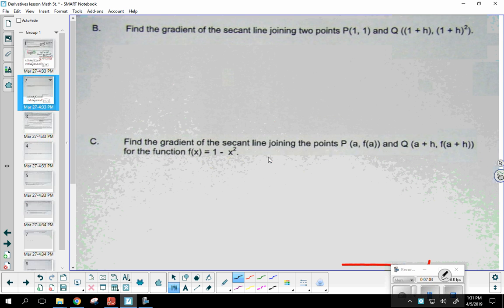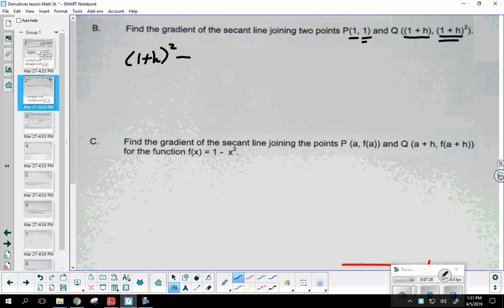Then B, it says find the gradient, the slope of the secant line joining these 2 points. Now, it doesn't give me a function, but I have to go straight from these points. Now, remember, the difference quotient is based on slope. So I'm going to go ahead and take the difference of the y's and then the difference of the x's. So I'm going to start with 1 plus h squared.